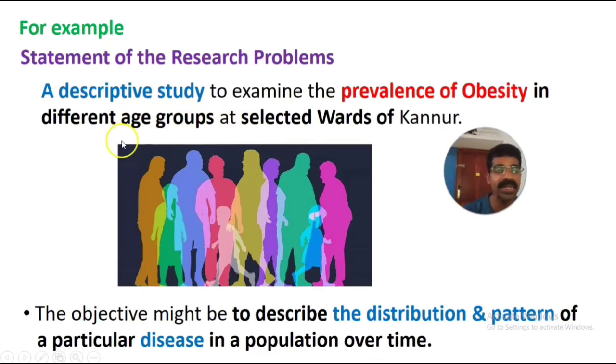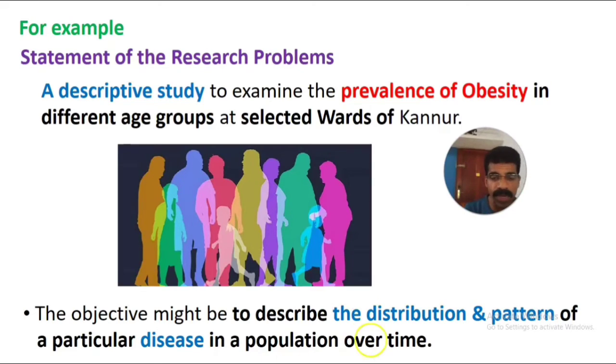Then based on this study, we have to make objectives. The objectives might be to describe the distribution of this particular problem and the pattern of that particular disease. The pattern depends upon PPT, that is in relation to person, in relation to place, and in relation to time.